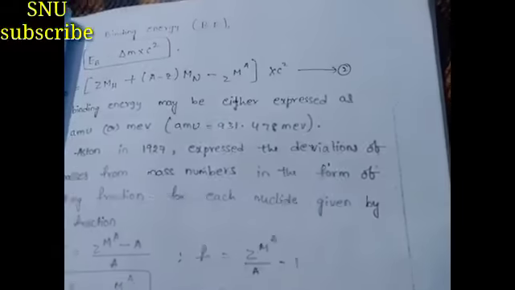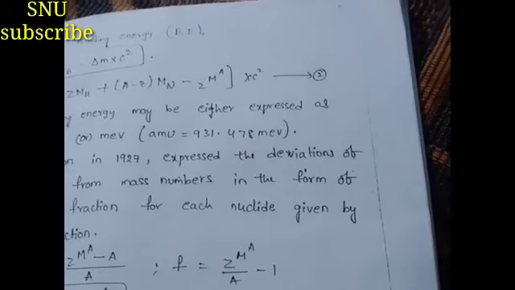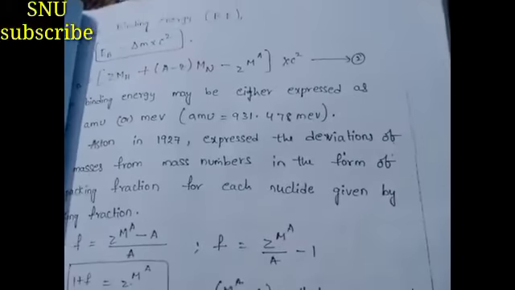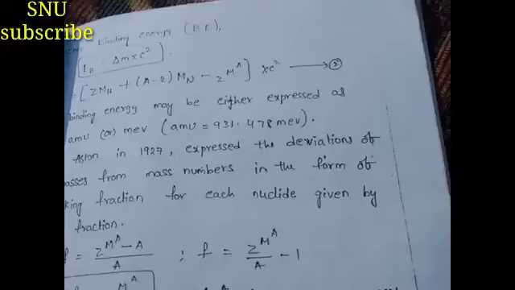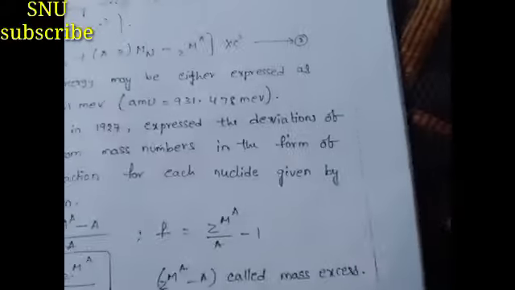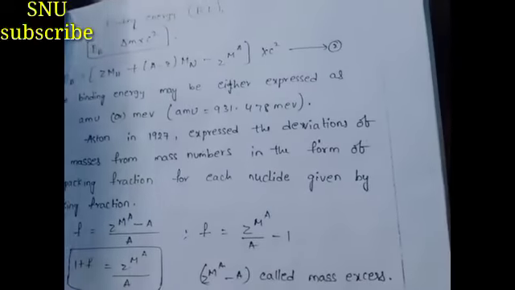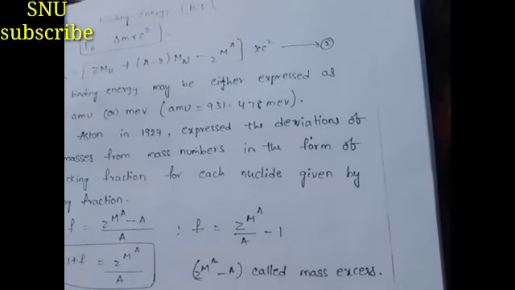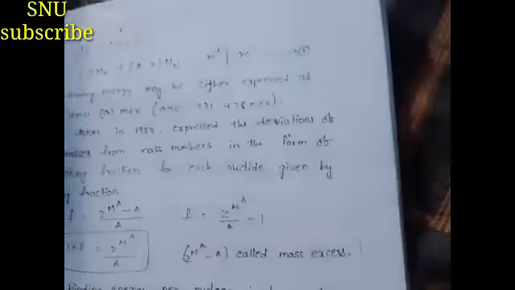Hence, binding energy Eb is equal to delta M into C square. Eb is equal to [ZMH plus (A minus Z)MN minus ZMA] into C square. This is equation 2.